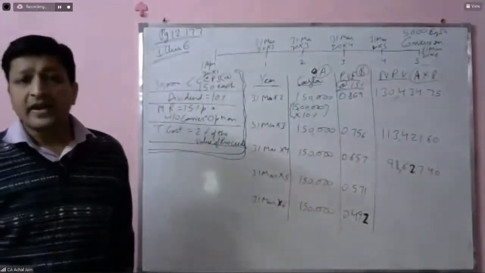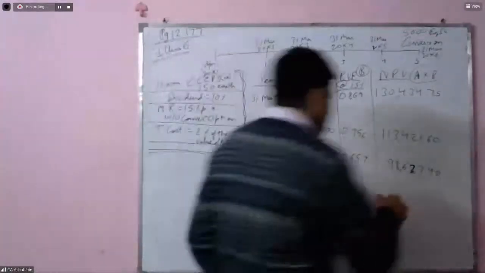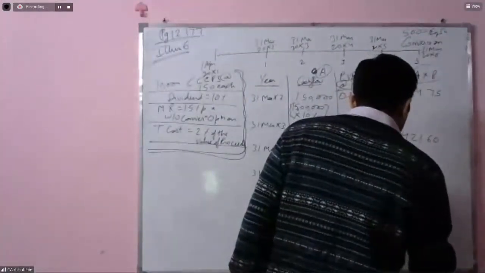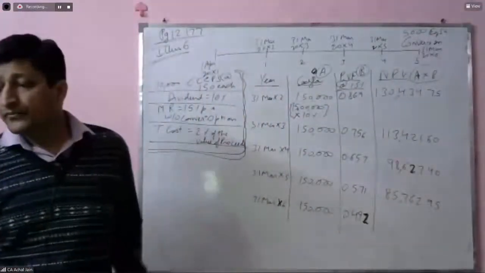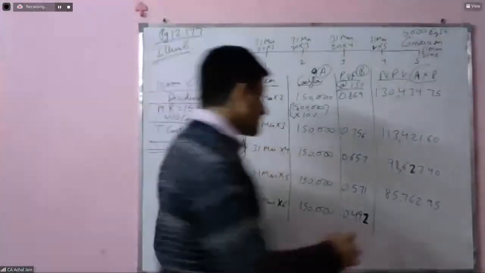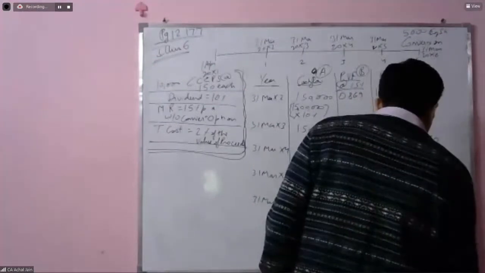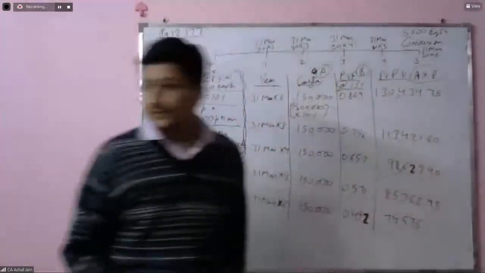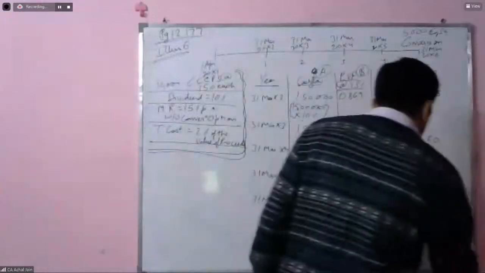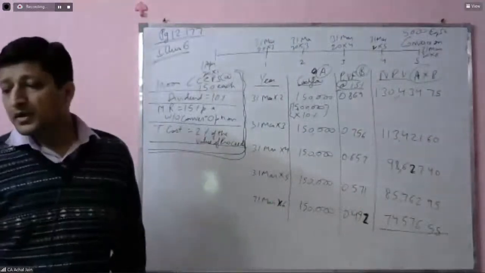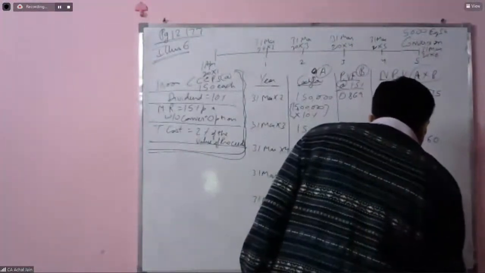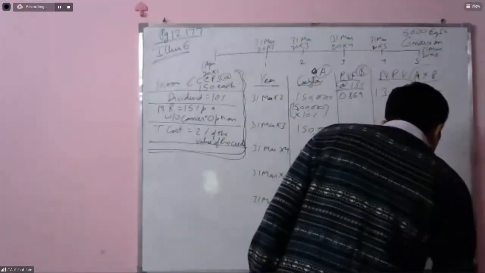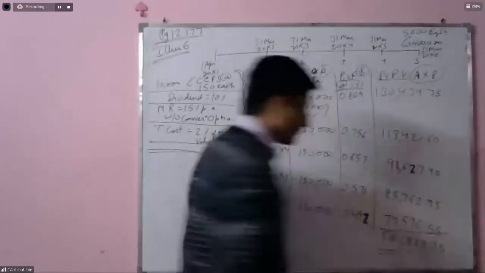Then we have 85,762.95. Then we have 74,576.55. So the total amount is what? Total amount becomes 5,02,823.25.